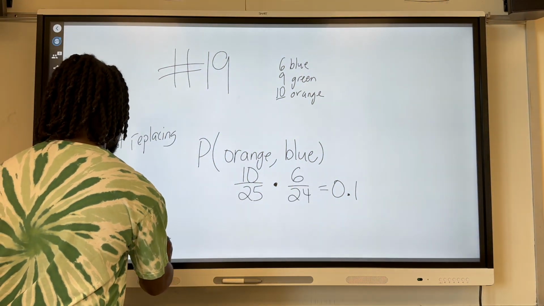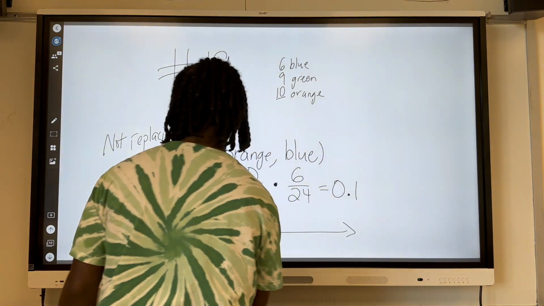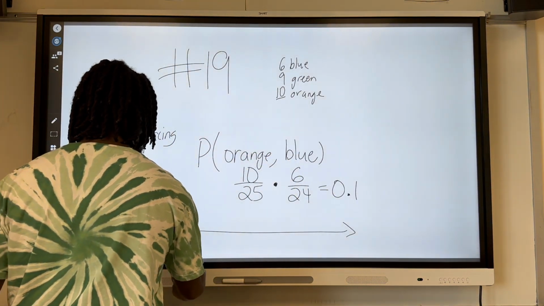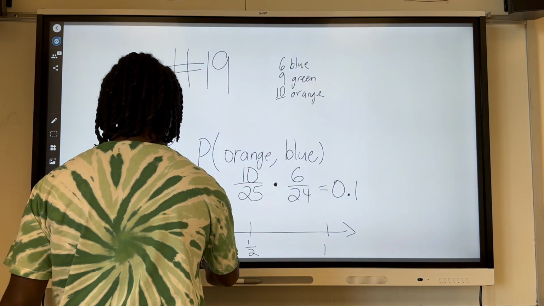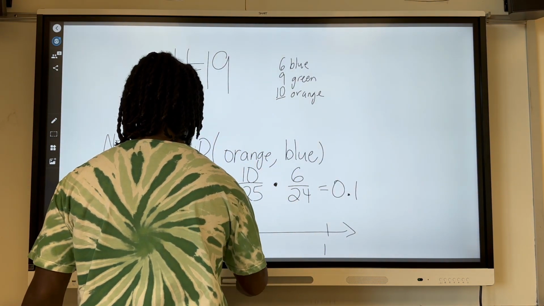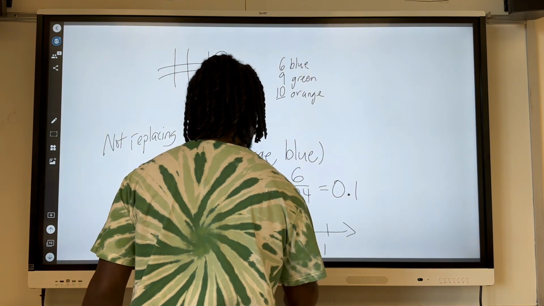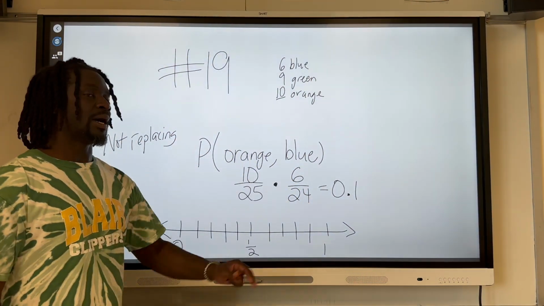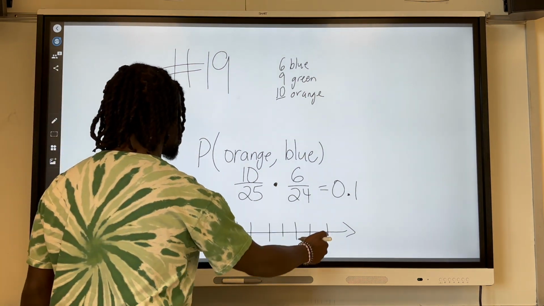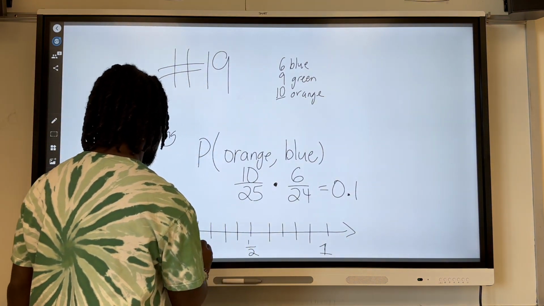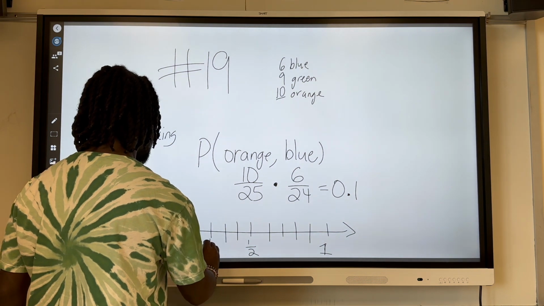Now it asked me to put this on a number line. So on my number line, I have 1/2 in the middle, 1 there, and then 1, 2, 3, 4. Hopefully you know that on the number line, there's 10 marks between the 1, and so each one of these is a 10th.